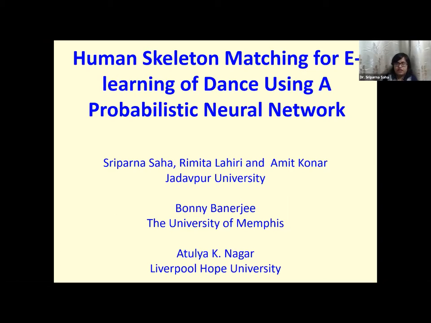E-learning of dance videos has been achieved, and how is that done? By human skeleton matching. So what does matching mean? There will be the training data set. Some human skeletons will be present for certain types of dances. For the same type of dances, there will be skeletons from the testing data set as well. So that is basically the magic that is achieved.